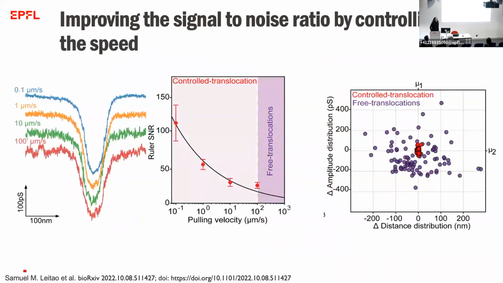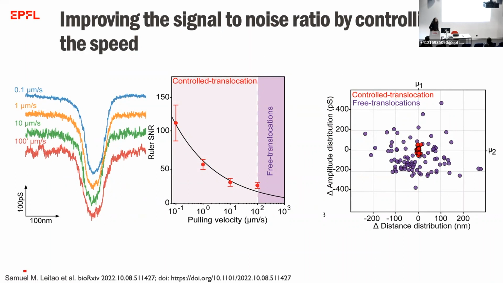What we could also vary here is the voltage. Unlike biological pores, in solid-state pores and capillaries we can go relatively high in voltages, but also take advantage of a controllable speed. We could test different speeds and see at which speeds we obtain the highest signal-to-noise ratio.